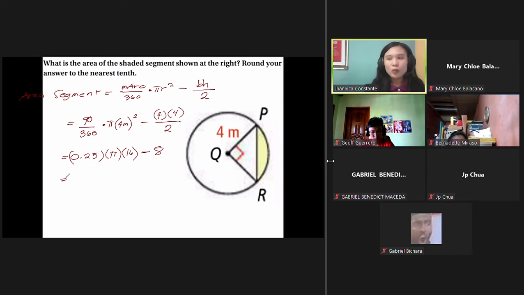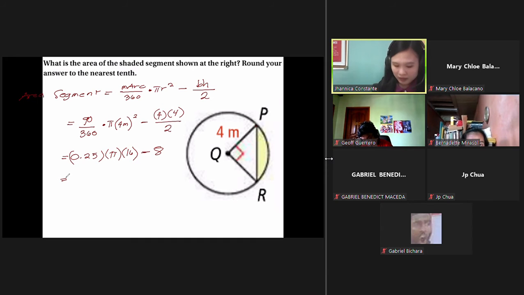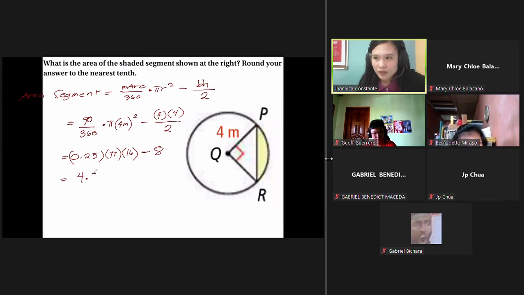So 0.25 times pi times 16 minus 8 is equal to 4.57 meters squared. So that is the area of segment.